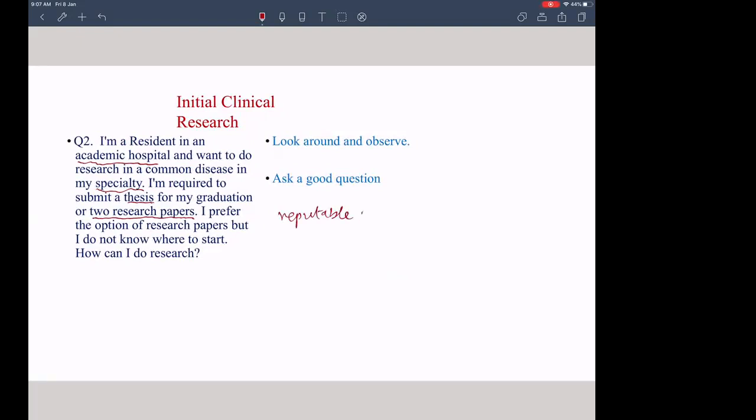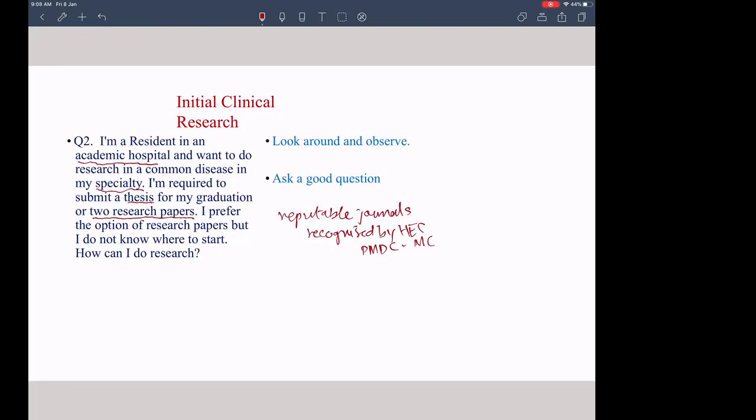Reputable journals are those which are recognized by HEC or PMDC. Anyway, this is the thing, and we shall sometime talk in detail about those journals.